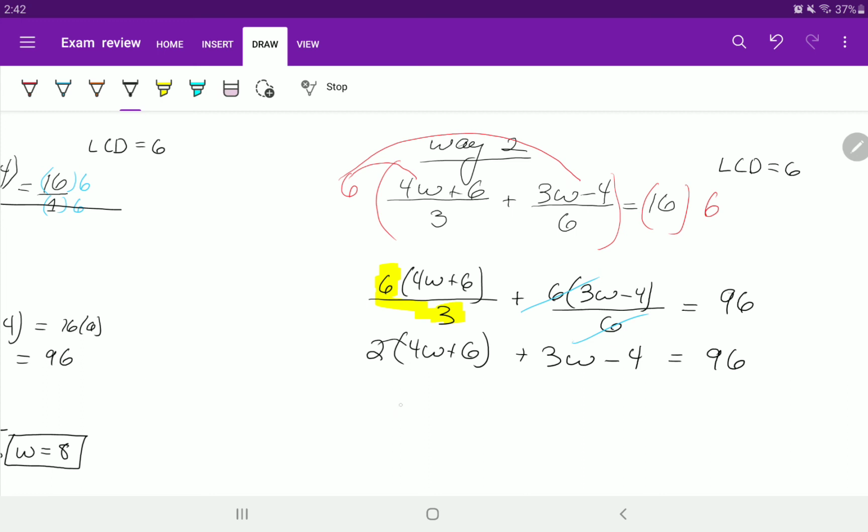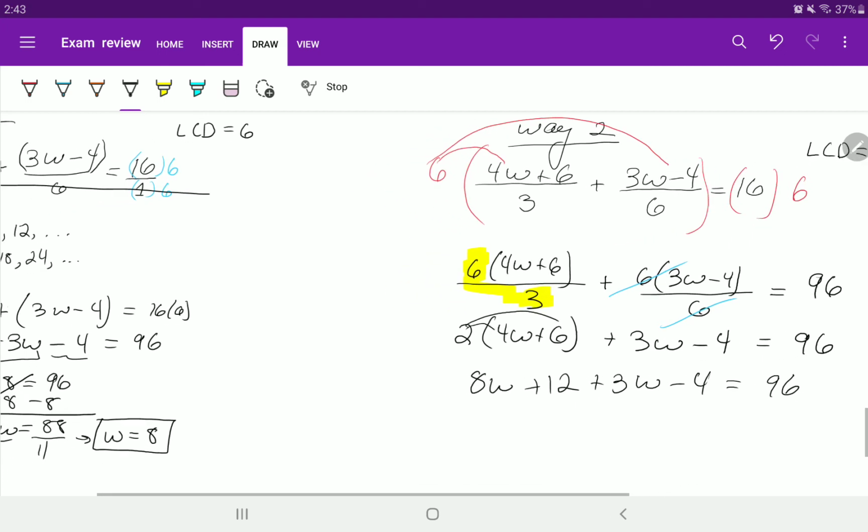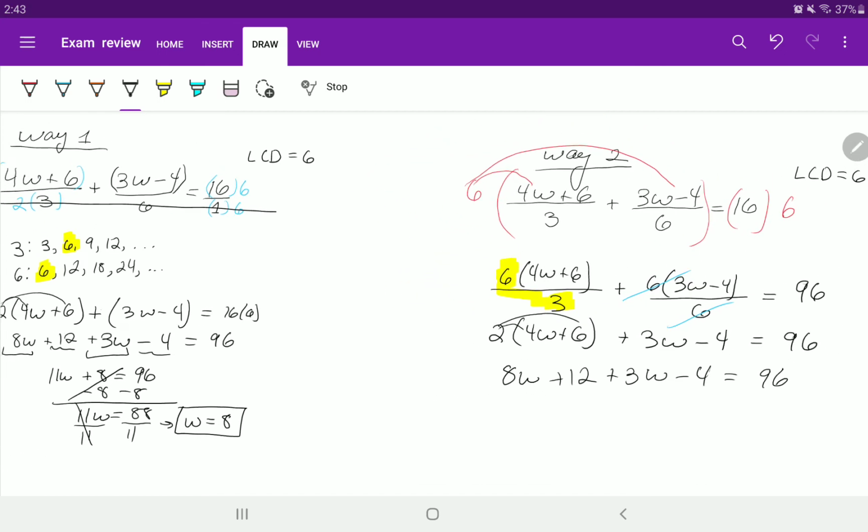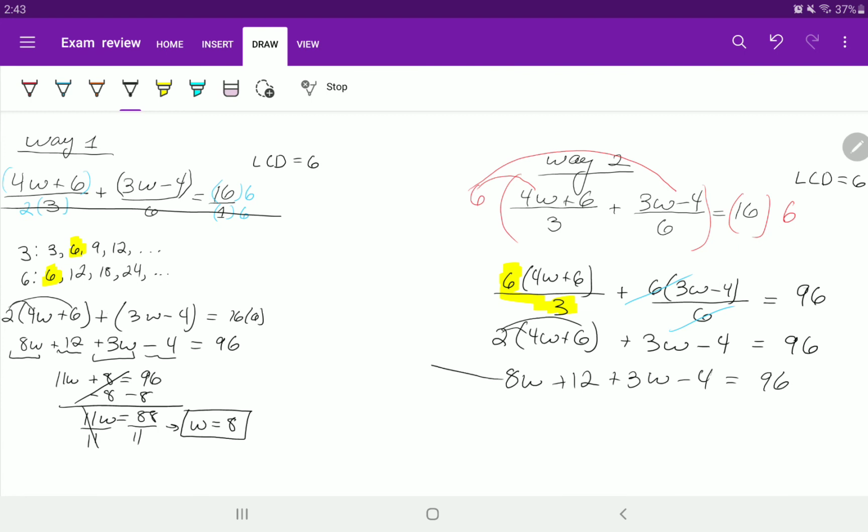Distribute the 2 inside the parentheses. 2 times 4w is 8w. 2 times 6 is 12. 3w minus 4 equals 96. If you notice, this looks identical to what we have right here. That is the same equation, which means we get the same solution. w equals 8. But I'm going to continue the process.